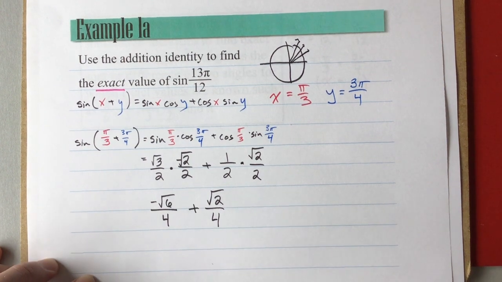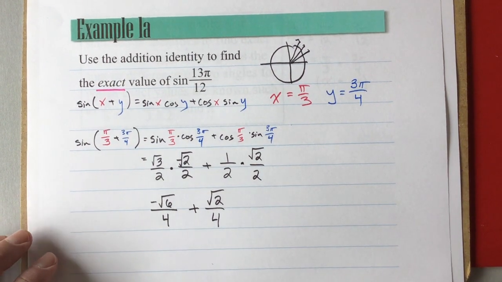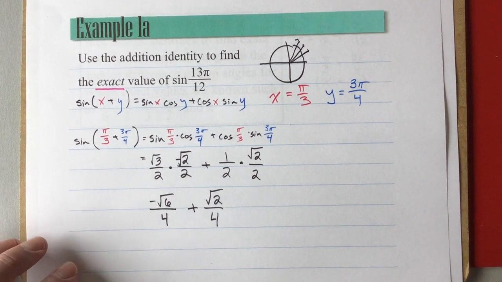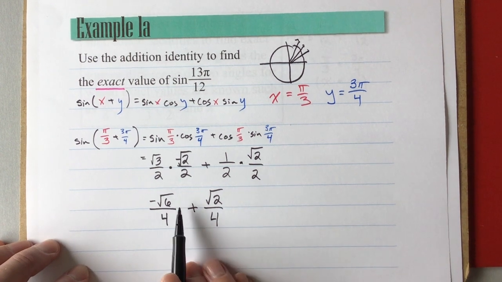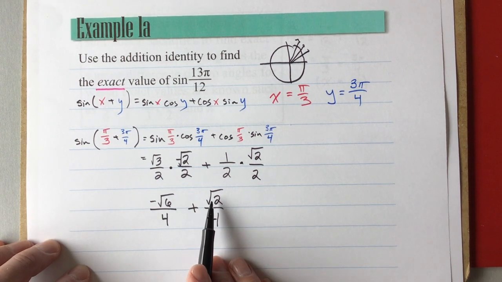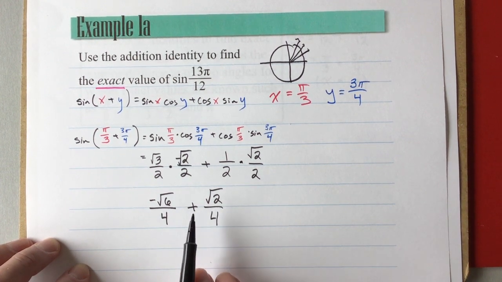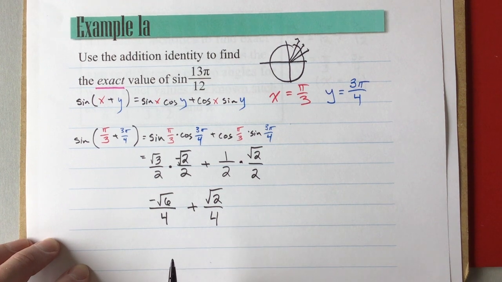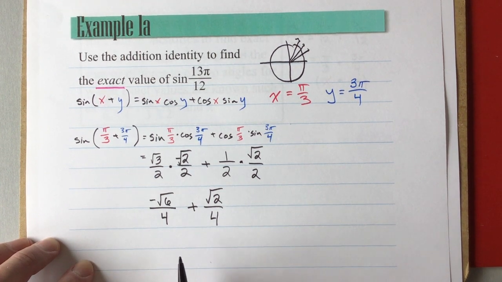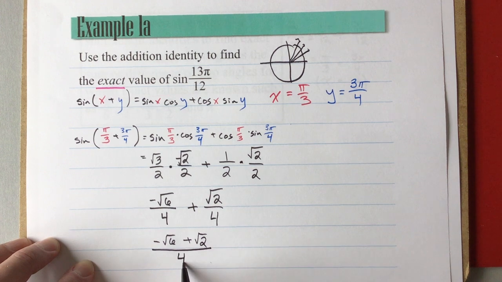Since my fraction does have a common denominator, I can unite this as one single fraction. My numerator, however, is not two like terms, so I can't add these numbers together. You can only add or subtract like radicals, just as you can only add or subtract like variables. So I end up with negative root 6 plus root 2 all over 4.